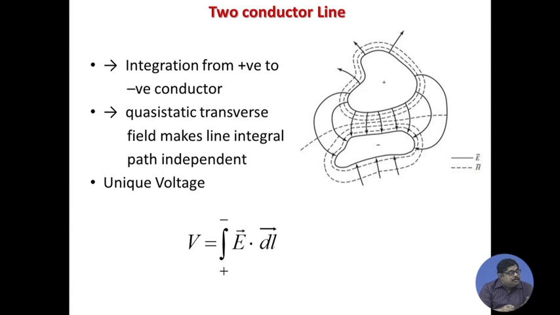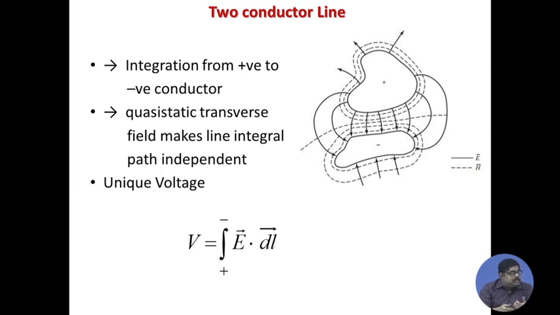And in this picture you are seeing two conductors, one positively charged, another negatively charged, and obviously there will be electric fields and magnetic fields between them.